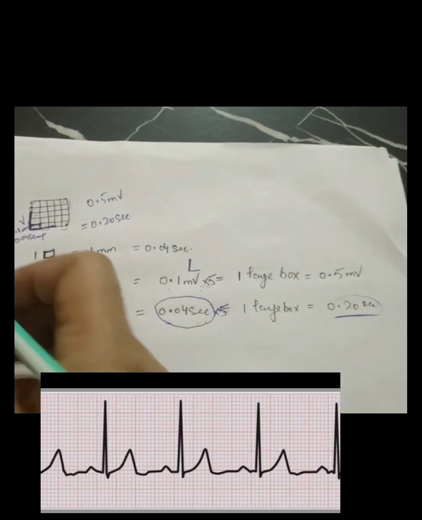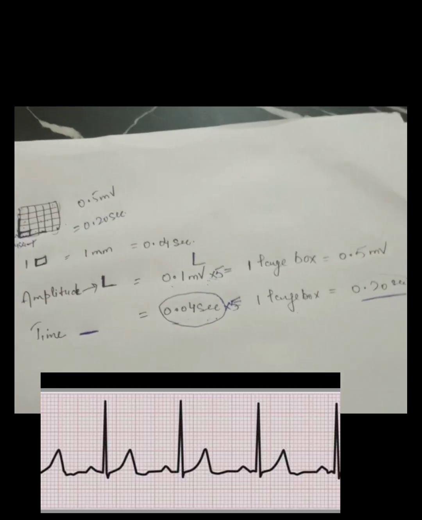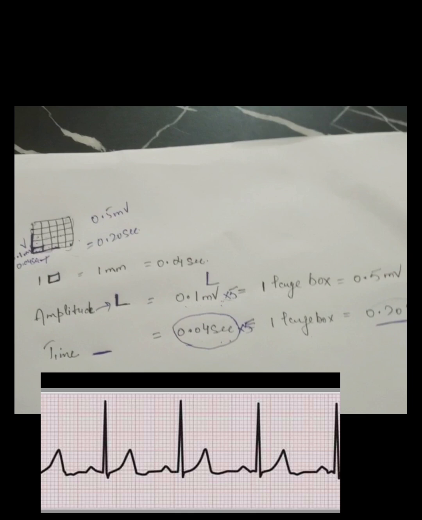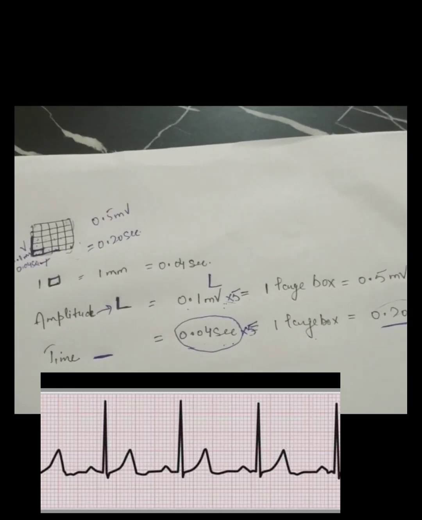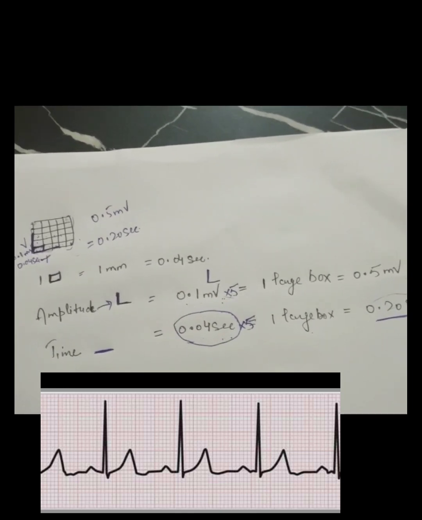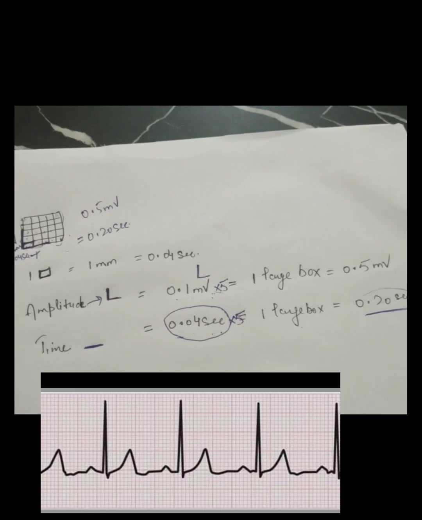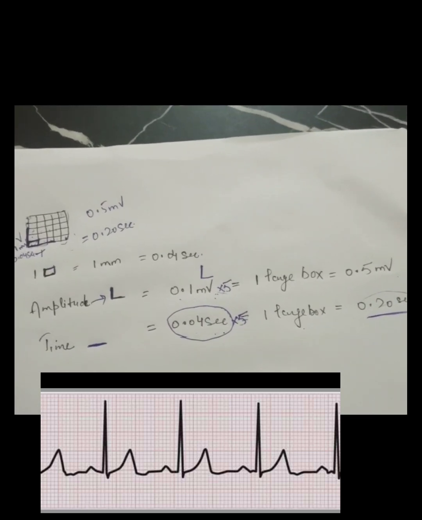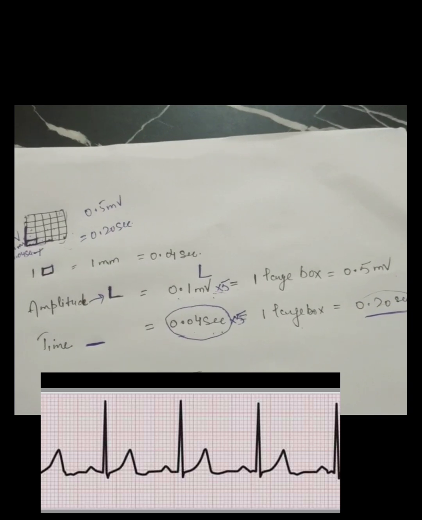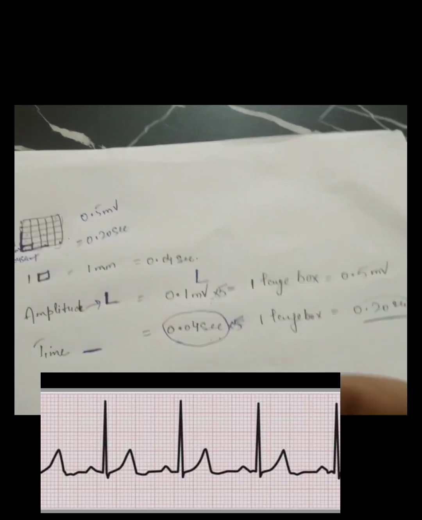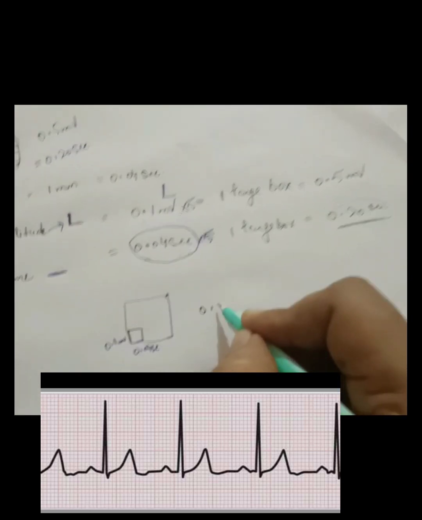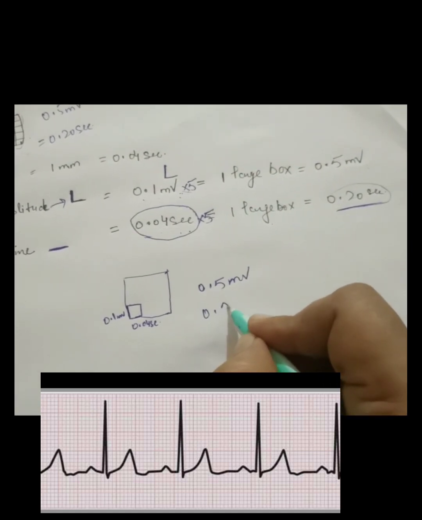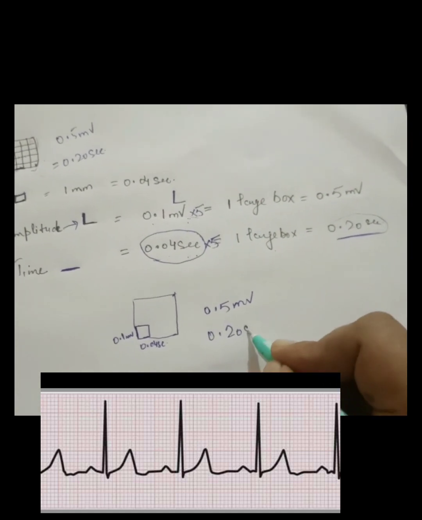If I take a small square out of this large one, this small square has 0.1 millivolt on the vertical axis and 0.04 second on the horizontal axis. And for the whole large box, it is 0.5 millivolt and 0.20 second.